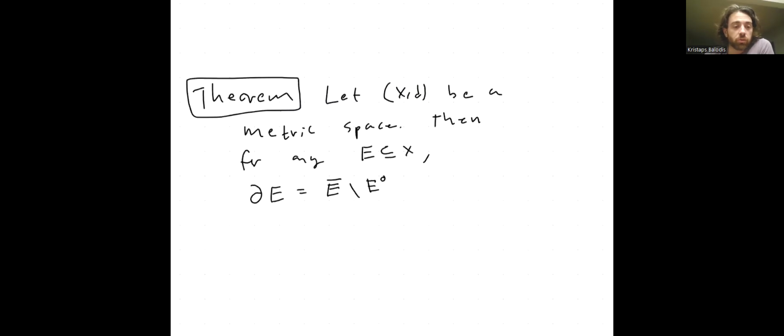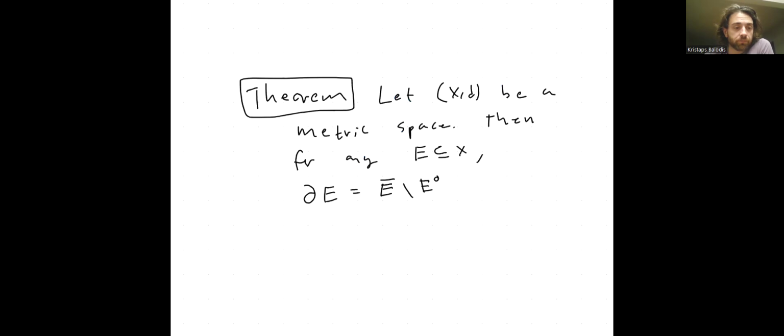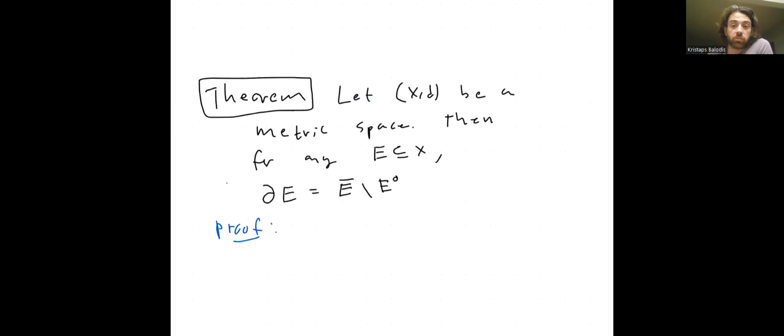So time to prove the theorem. Proof. We're going to begin in two steps. First, we're going to prove that the boundary, as defined above, is a subset of the closure less the interior.